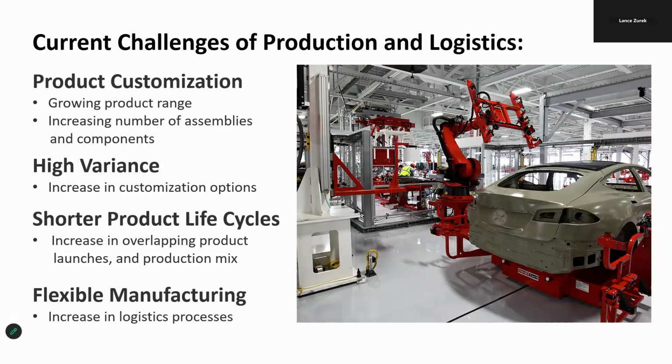Likewise, with the increase in customization options that are available, you also have to keep in mind things like product life cycles are much shorter now. And there's an increase in overlapping product launches and product mix and just tons of variables. And also, flexible manufacturing requires an increase in logistics processes.